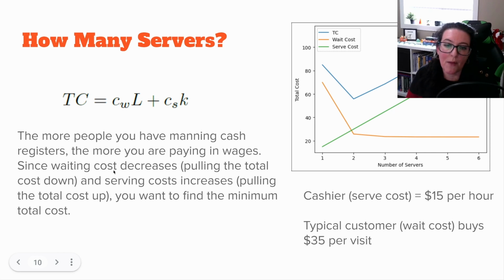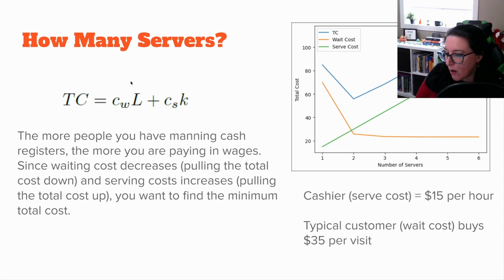We have to think about how much someone who is waiting typically spends at our grocery store. If the typical customer buys $35 worth of stuff, then we need to keep them waiting to get their $35. If the wait is too long, they'll give up and leave.